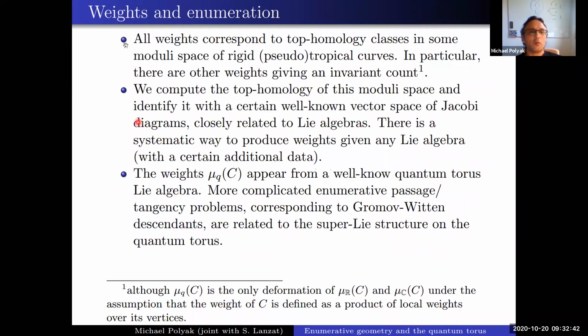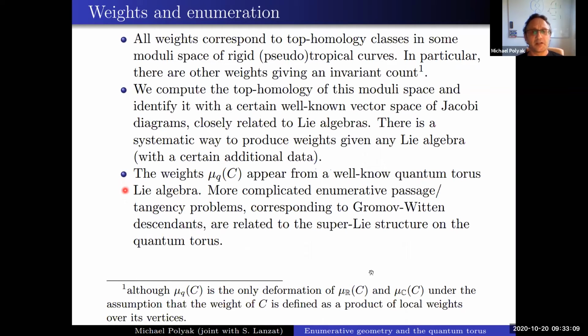So I will mostly talk about these three pieces. I will skip the results about these pseudotropical curves. You will have to trust me that such a theory can be developed in a straightforward combinatorial fashion, and you can find it in our preprint with Lanzat, if needed, with all details.